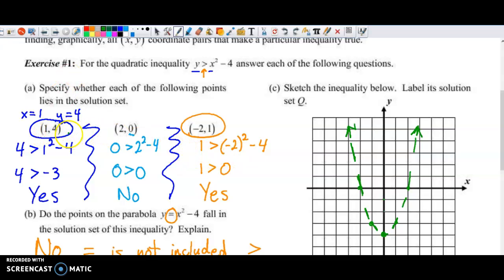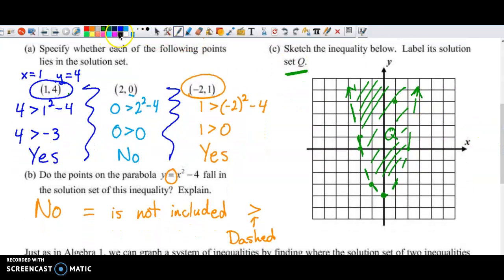Remember earlier we had 1, 4 worked. 2, 0 did not work, but negative 2, 1 did work. And the region where the points work is where we shade. I don't know if you did this before, and they want us to call it region Q. But usually we just shade in that region.